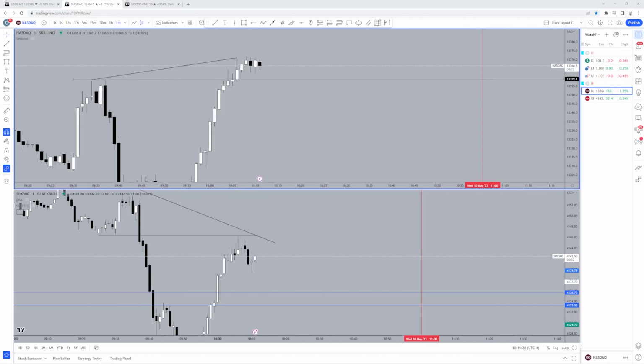We now create some structure over here, which is very good news. If we break below it, I am willing to enter a trade.